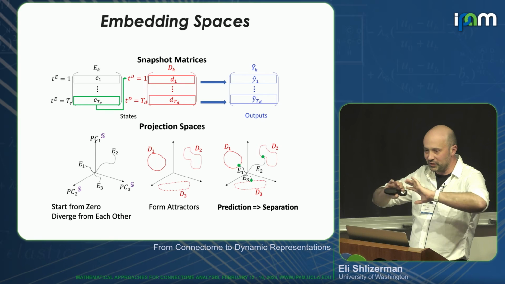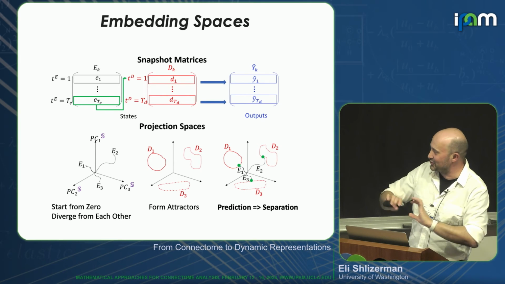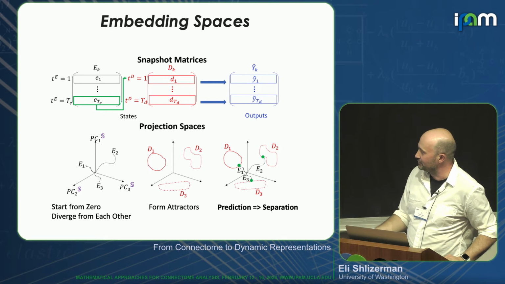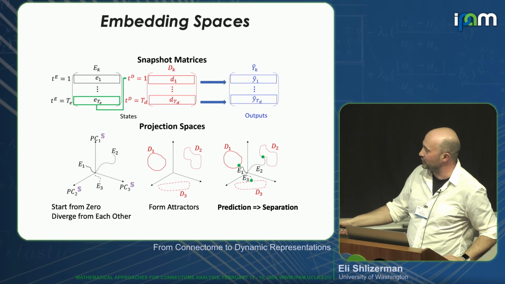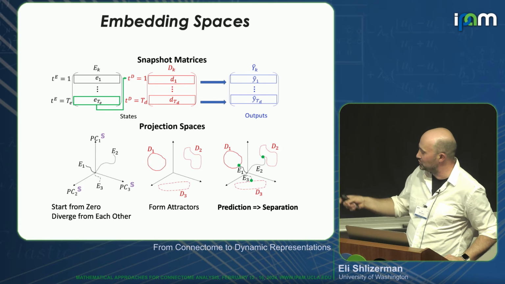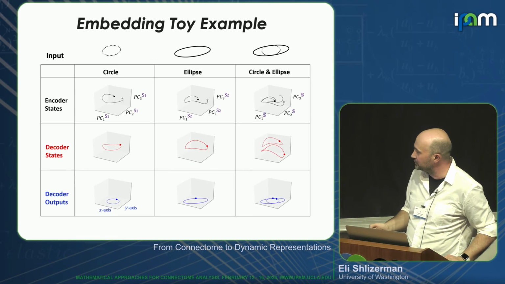You can show that it creates contrast between the different trajectories that are given to the encoder. And then the job of the decoder is to complete the trajectories after the encoder.